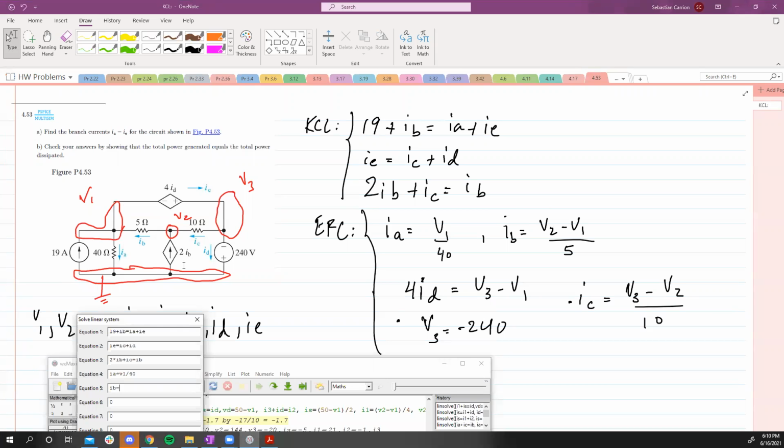IB equals V2 minus V1 over 5. 4 times ID equals V3 minus V1. IC equals V3 minus V2 over 10.